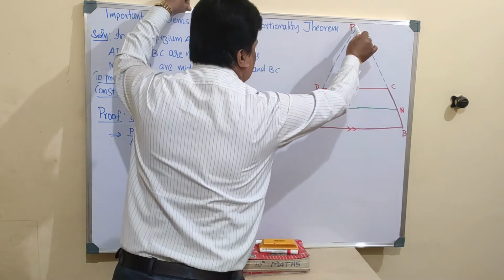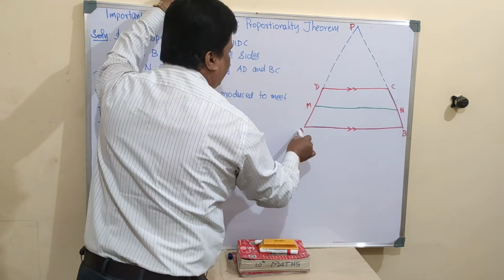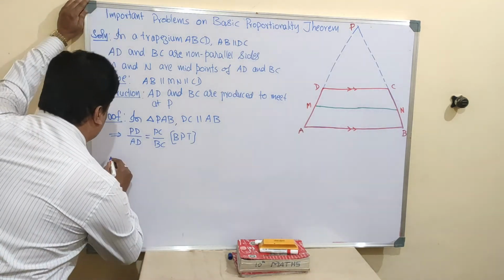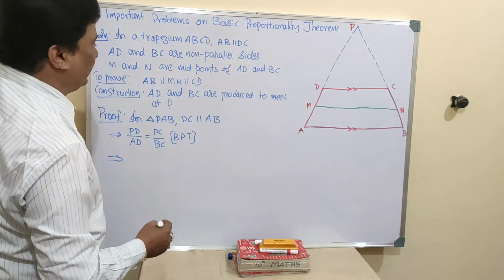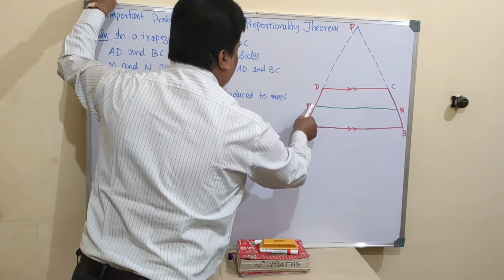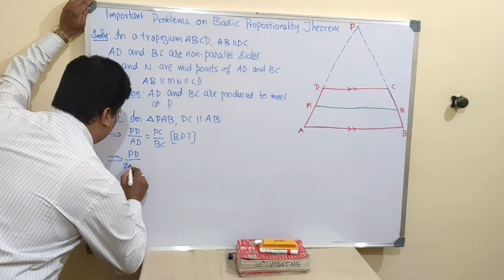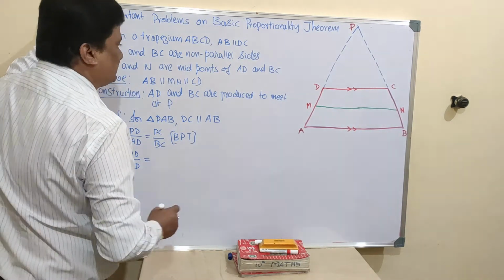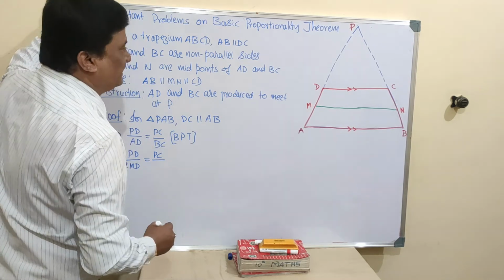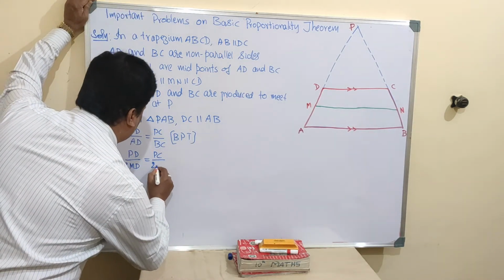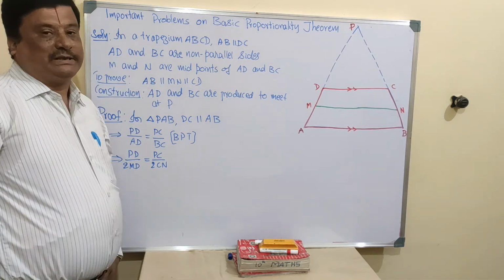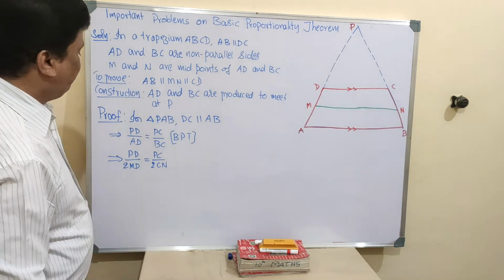Therefore, as per the basic proportionality theorem, we can write PD by AD is equal to PC by BC. For PD, let's write as it is PD. For AD we can write 2 times MD, that is equal to PC by 2 times CN, as M and N are the midpoints of AD and BC.